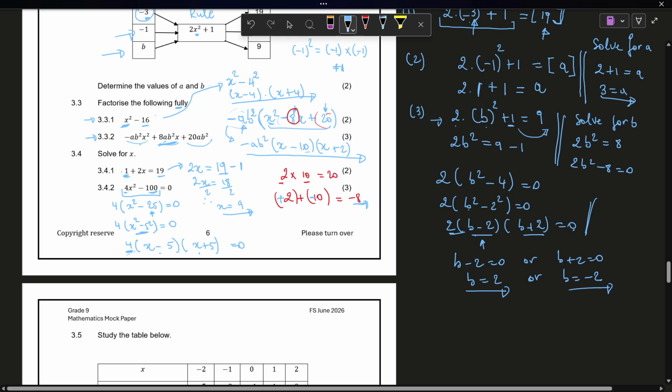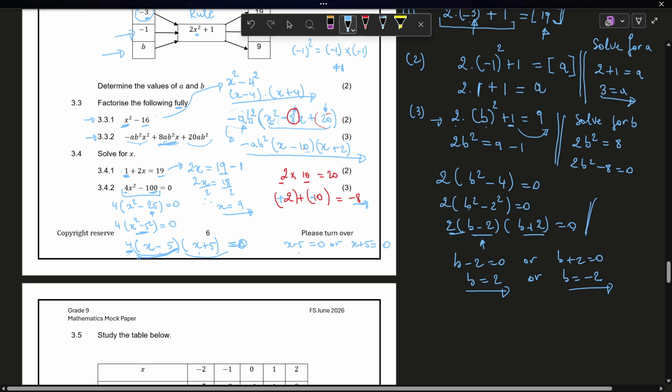But when you're multiplying quantities like this, for it to give 0, it means one of them should have been 0. It's either x minus 5 which should be equal to 0, or it's x plus 5 which should be equal to 0.